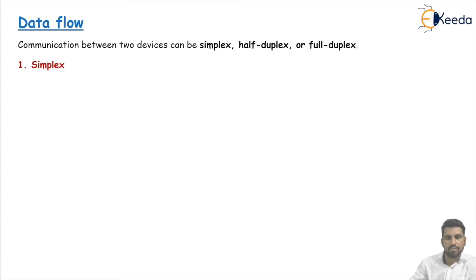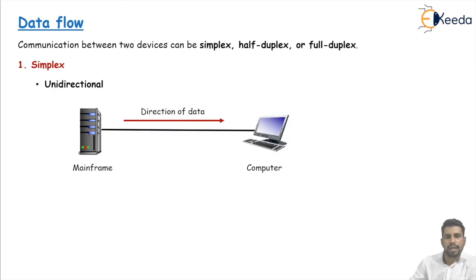Simplex means, as the name suggests, it is as simple as possible. Simplex means data travels only in one direction, or you can say unidirectional communication.